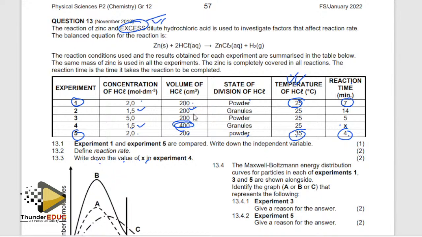So increasing the volume doesn't affect anything because it's in excess. Whether you put 600, as long as it is above 200, it doesn't affect, because this is in excess. So this and this are the same thing. This is granule, this is also granule. It's 25, it's 25. So if this is 14, because everything here is exactly the same, and what is different doesn't affect, then automatically this is going to be 14 too.